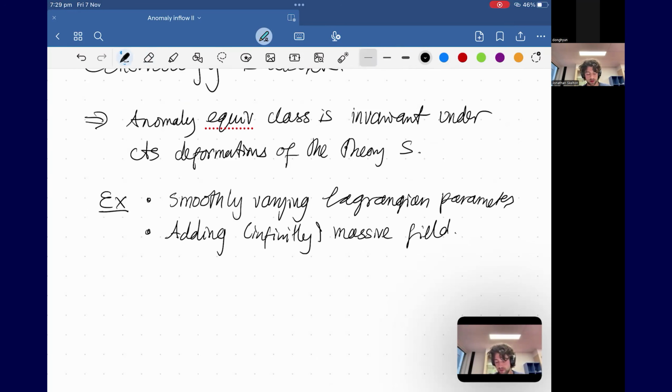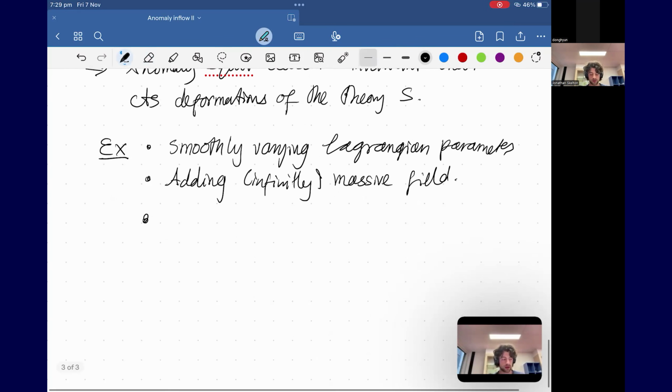And then the classic one is of course RG flow, renormalization group flow, where you continuously vary the Lagrangian parameters and the fields become massive. The massive fields drop out. They become infinitely massive in that context.